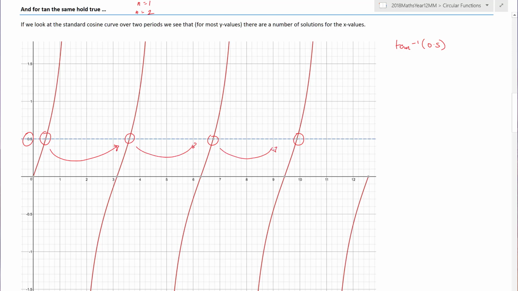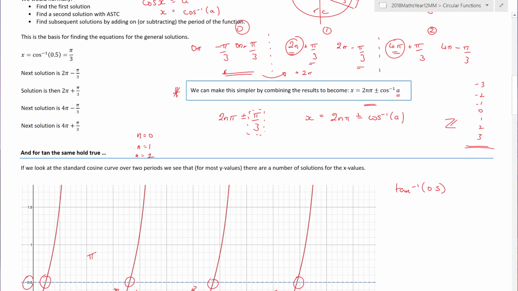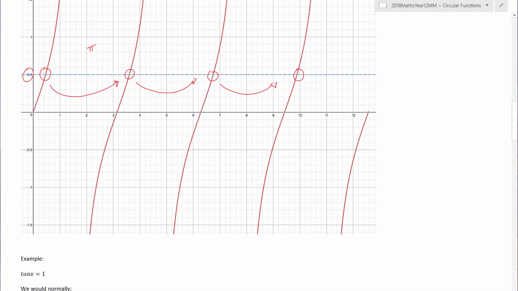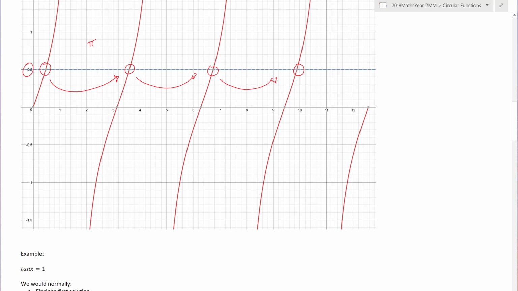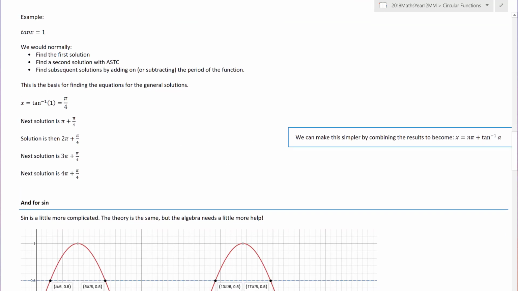What do we know about the period of a tan graph? Well, the period is actually pi. What was the period of a cosine curve? It was 2 pi. So if I know that it's got something to do with finding my initial solution and then adding on pi, we can use that to help us form this general equation.